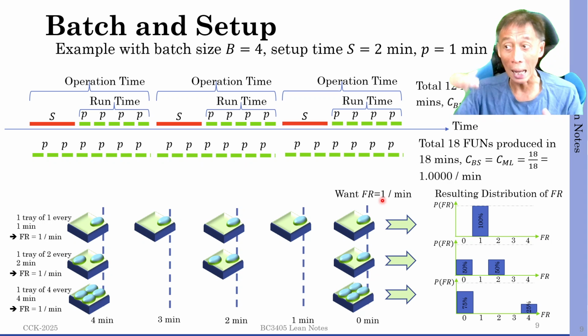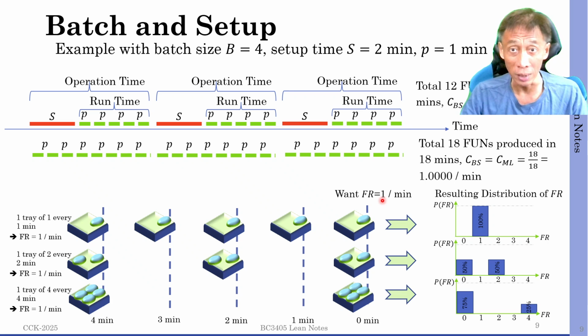So in actual fact your flow rate does fluctuate a little bit. But I'm just trying to say that theoretically it's possible to maintain. So don't get the wrong impression that every time you double the batch size, the flow rate will increase. Oh, then we'll be in trouble. So don't worry about it.